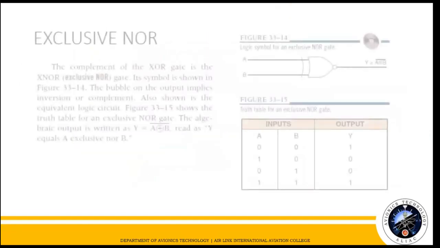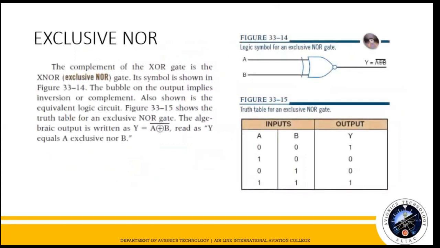Pero pagdating dito, meron na siyang bubble or circle dito sa may dulo na part. Yan. So, the bubble on the output implies inversion or the complement, also known as the equivalent circuit. So, the figure shows the truth table of the exclusive NOR gate. The algebraic output is when the Y equals A exclusive NOR B.